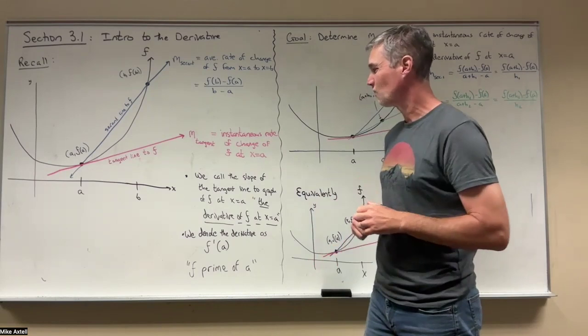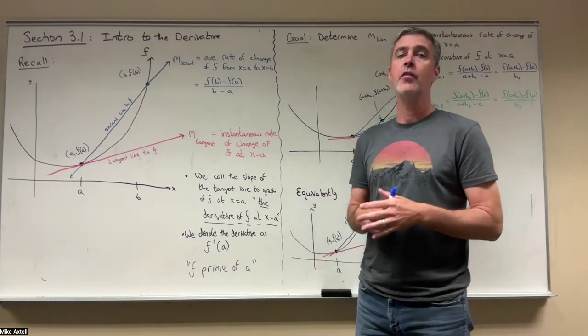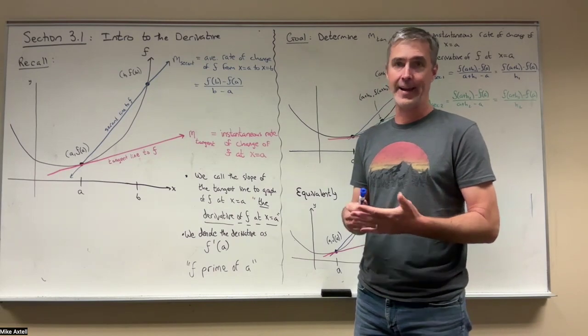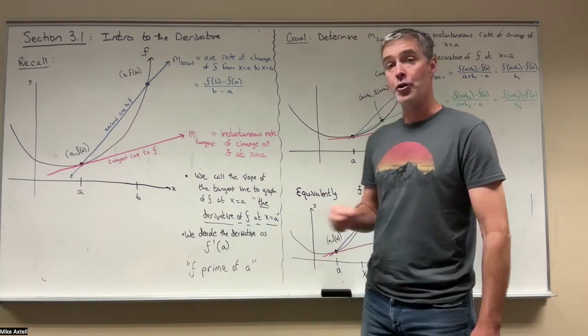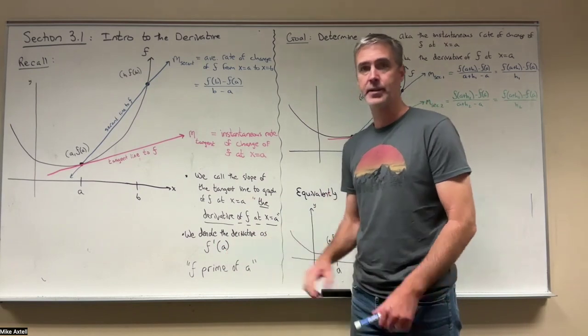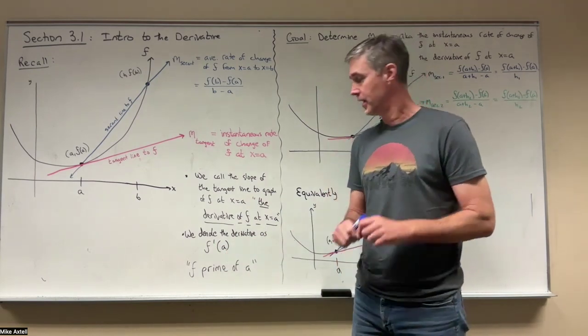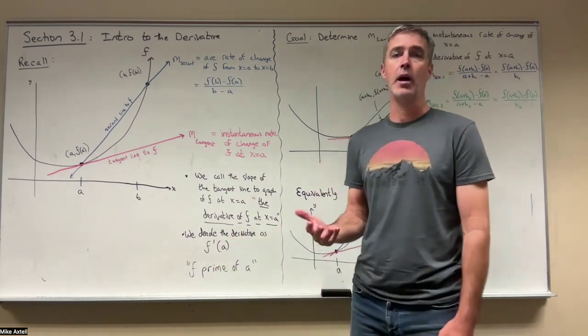Okay, so we will call this slope of the tangent line the derivative of f at x equals a. All right, so the derivative of f at x equals a, our notation, how we denote it, will be f apostrophe parentheses a, and we'll say it f prime of a instead of f apostrophe. We'll say f prime of a.